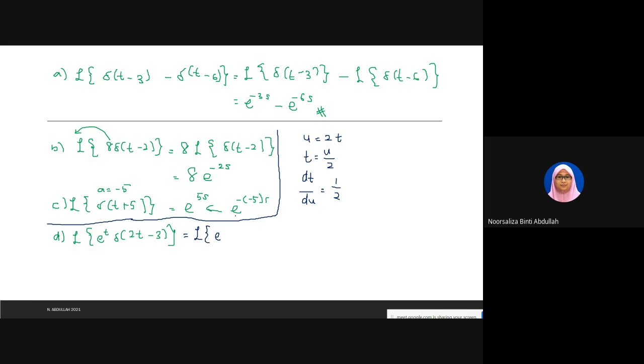So t equals u over 2, and we replace this t with it. Then delta of 2 times u over 2 minus 3.